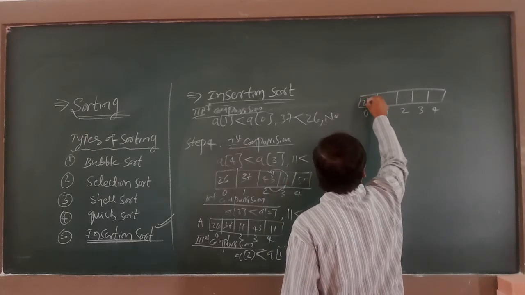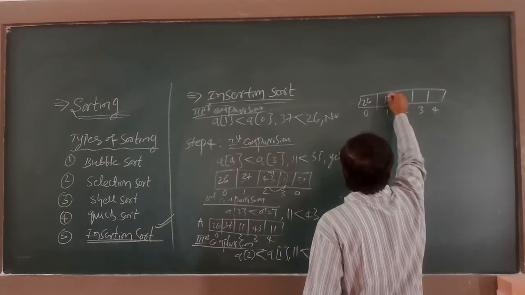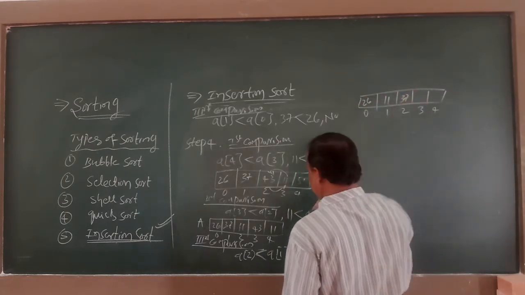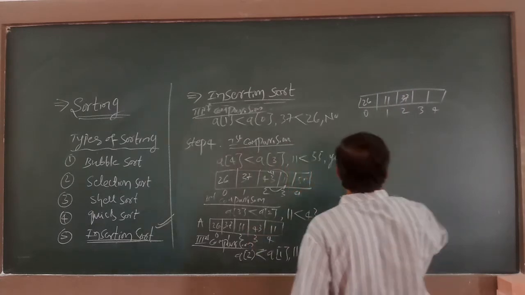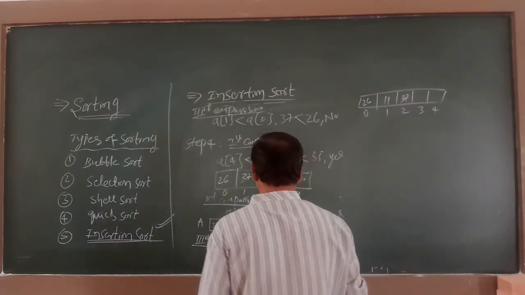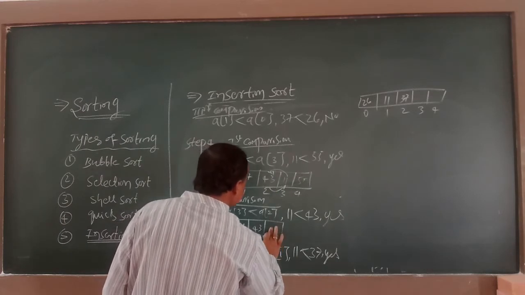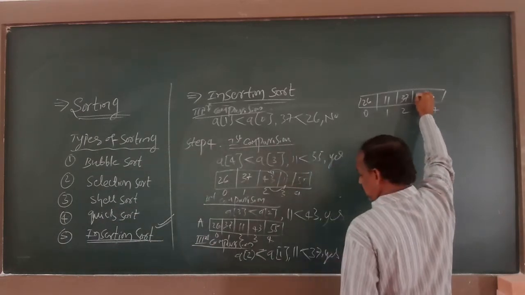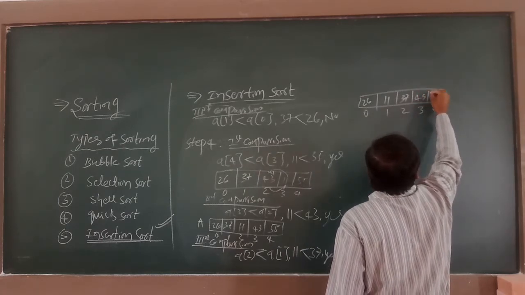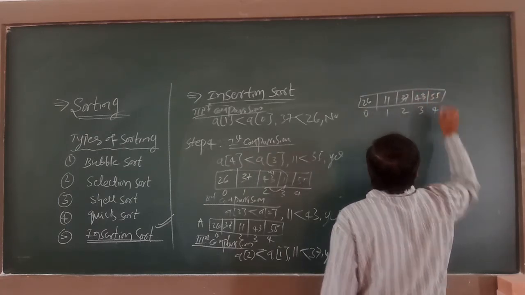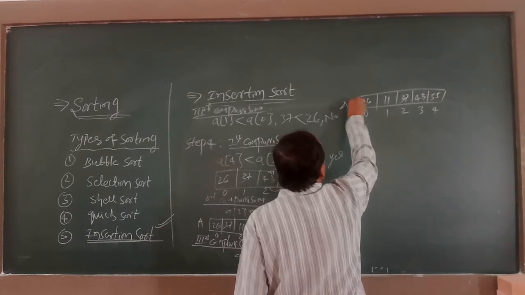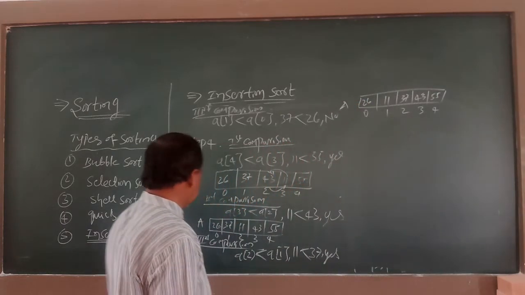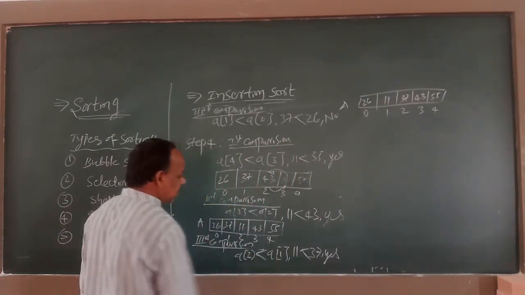So 26, 11, 37, 43, 55, right? This is array A. A of 2 is less than A of 1 is over.